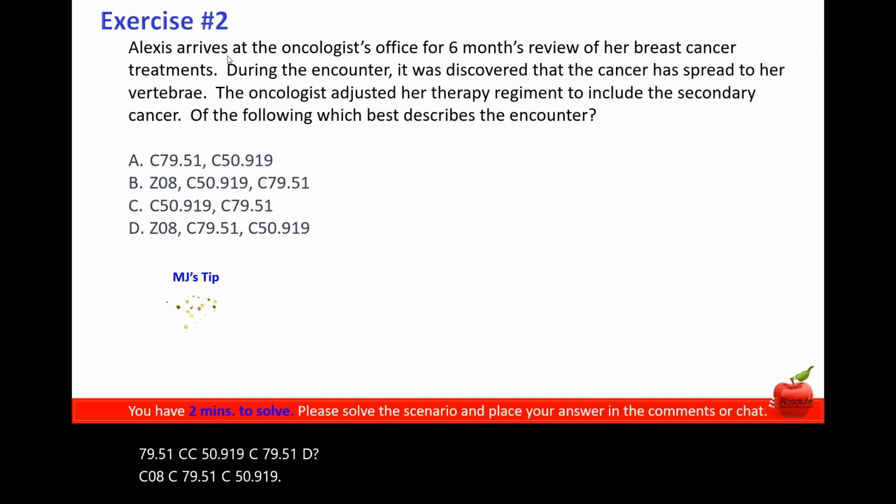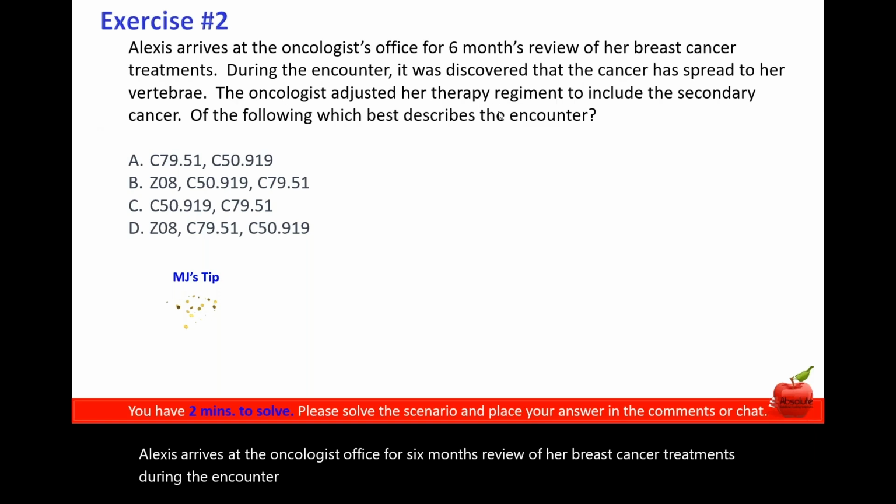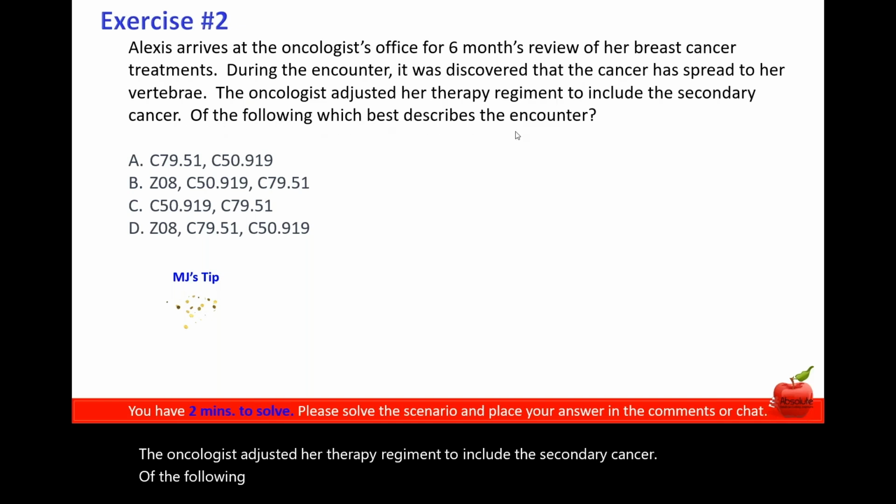Alexis arrives at the oncologist's office for a 6-month review of her breast cancer treatments. During the encounter, it was discovered that the cancer had spread to her vertebrae. The oncologist adjusted her therapy regimen to include the secondary cancer. Of the following, which best describes the encounter?